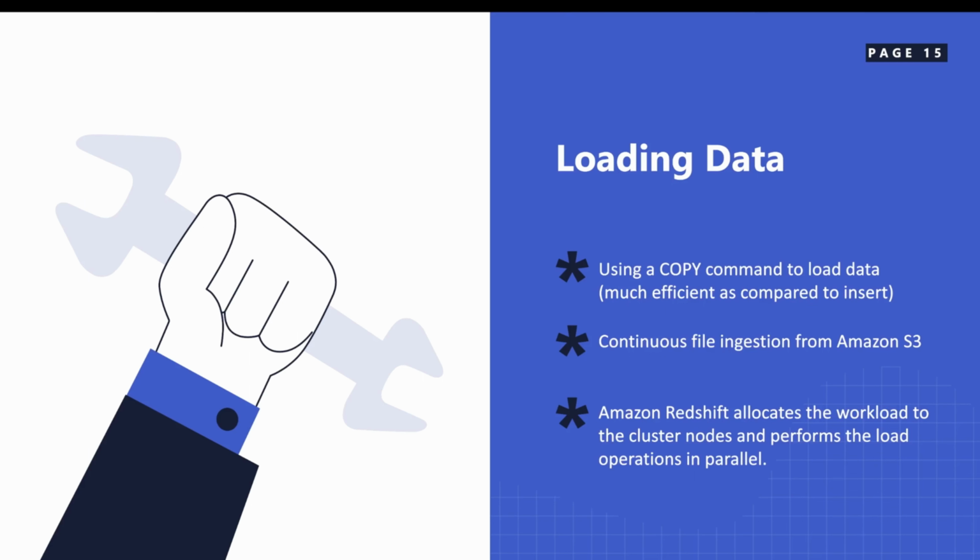As we have seen, Amazon Redshift has cluster nodes, so whatever operation Redshift has to perform, it allocates in parallel so that it optimizes the workload and performs it very fast.